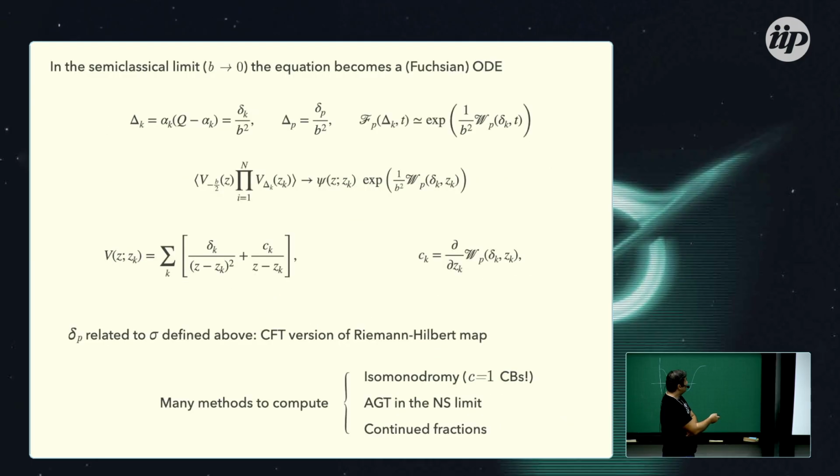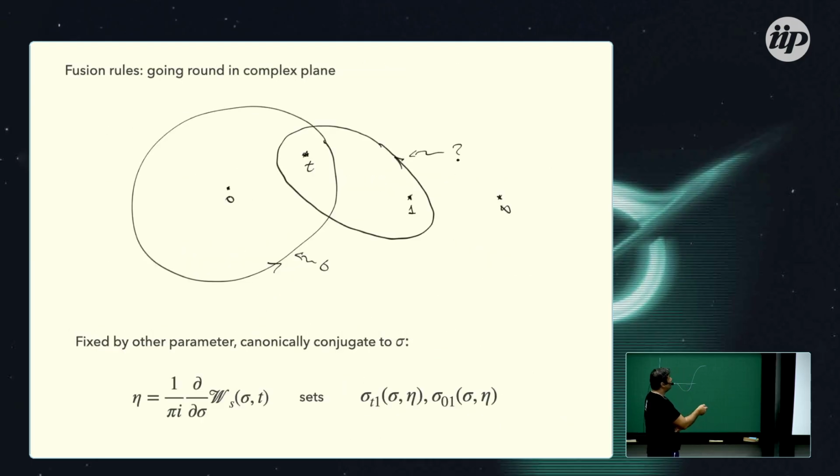But you may ask now what happens if you go around two of the primary operators. Say you go around a primary operator sitting at the origin and another one sitting at t. It turns out that the parameter sigma that I defined a few slides ago actually tells you how the analytic continuation is to be done around this point.